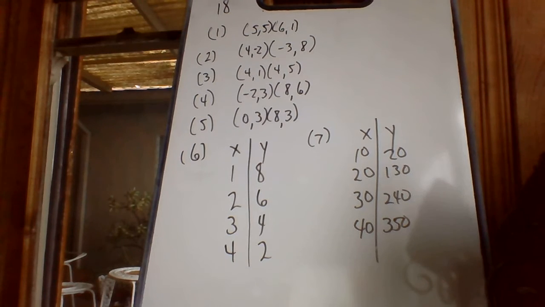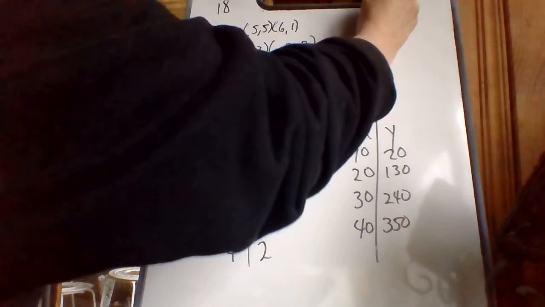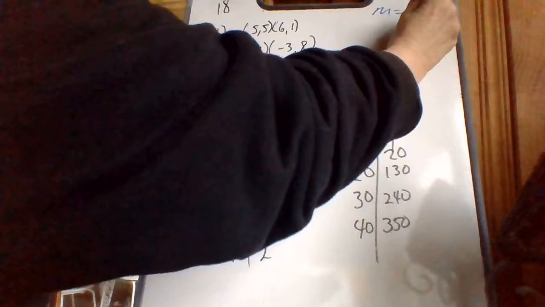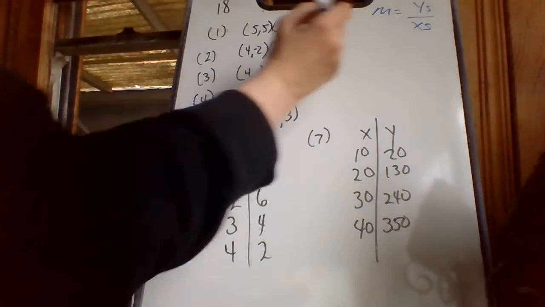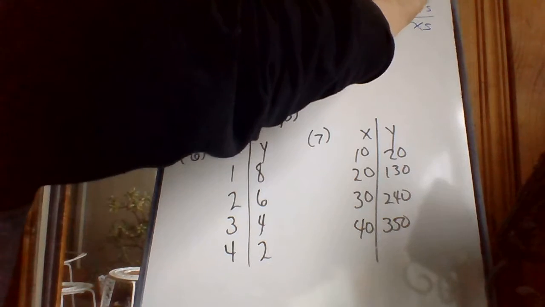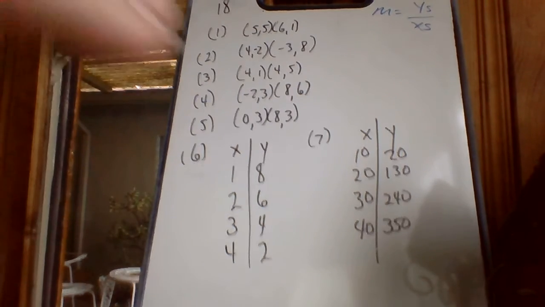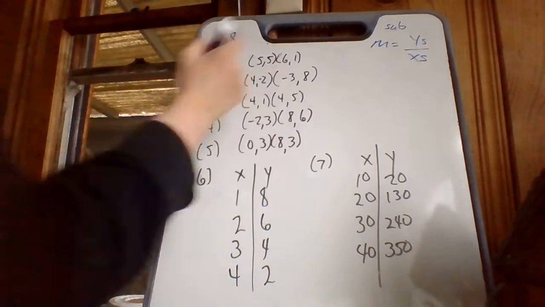All right, now first thing about lines is that they have a slope. The answer is y's over x's, and be consistent about it. So I'm going to subtract these. You want to subtract. So I want to do y's over x's.